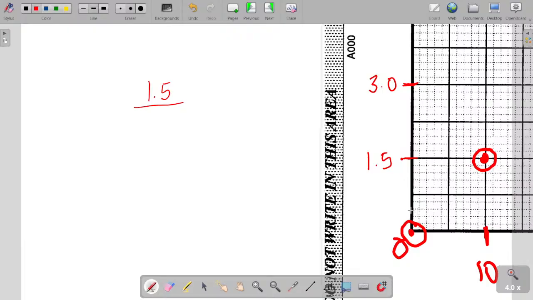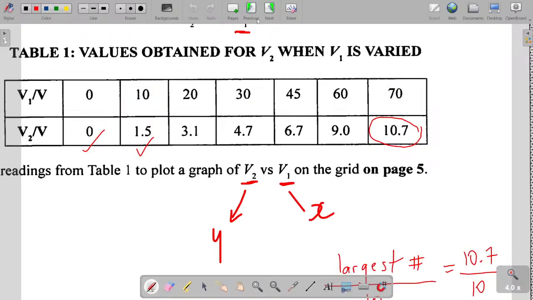When we divide our 1.5 by 10, our smallest division on our y-axis is going to be 0.15. So with this information, we are able to find out where we can find 3.1.